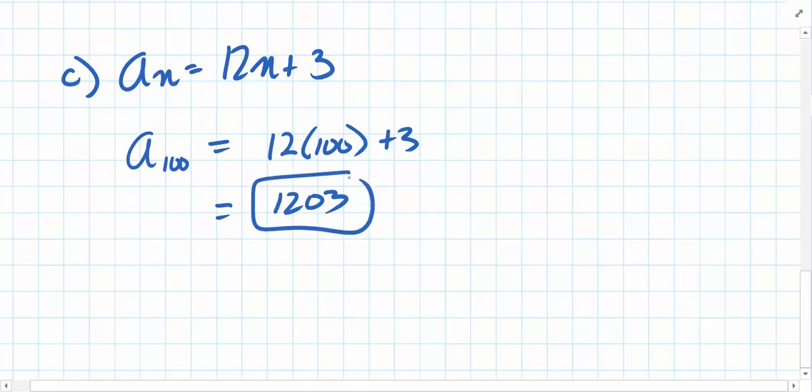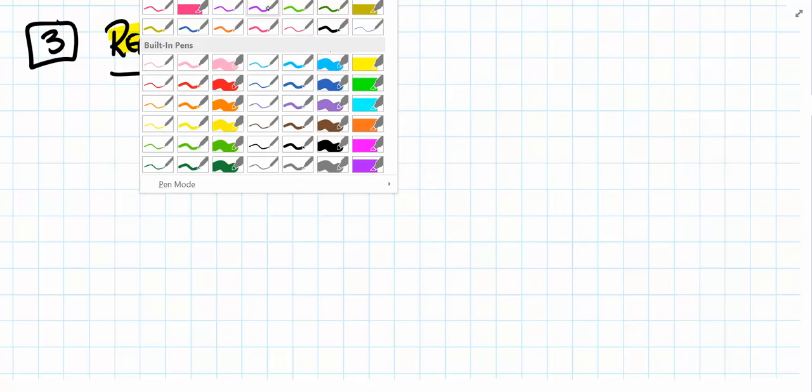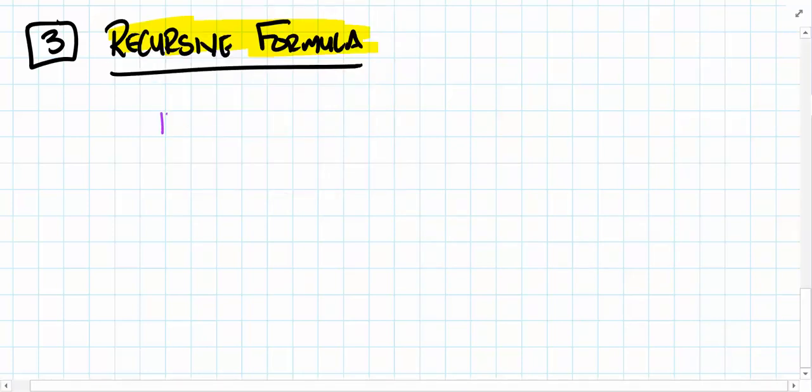Okay, there's also another way to define or describe sequences or patterns of the ones that we've been taking a look at. Let me give you an example of a sequence here, okay? 133, then 130, then 127, then 124, and then dot, dot, dot.